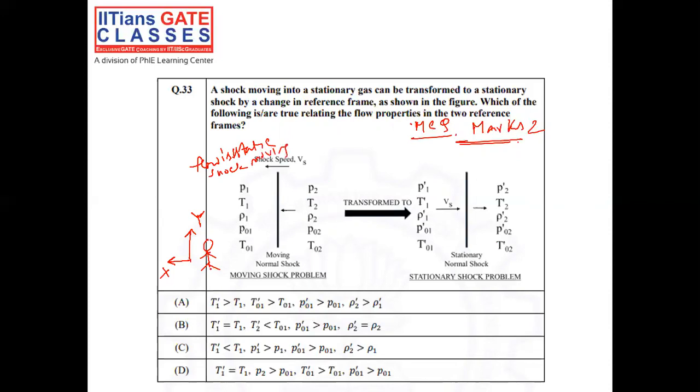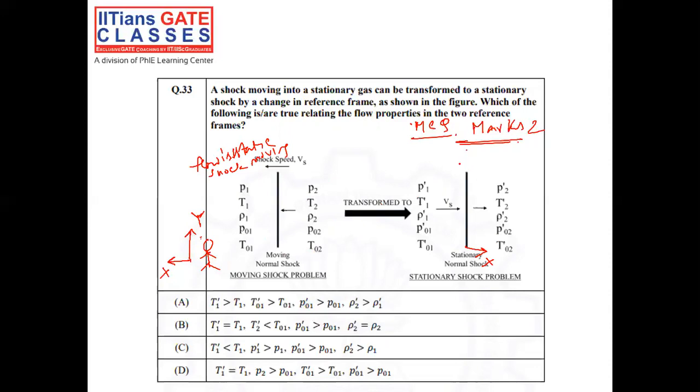Now the same physical condition can be thought of in a different way. If we transform this coordinate system to a moving coordinate system, which means a coordinate system which is actually sitting on this shock, then the observer, which was earlier standing on the stationary coordinate system, is now sitting on this shock itself, right?